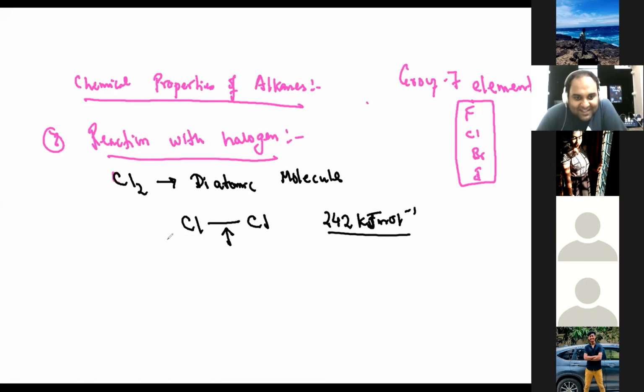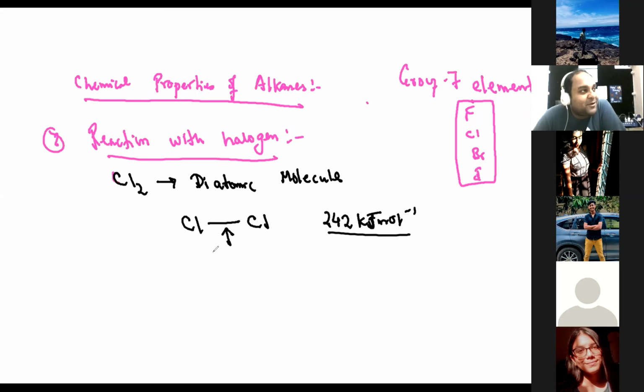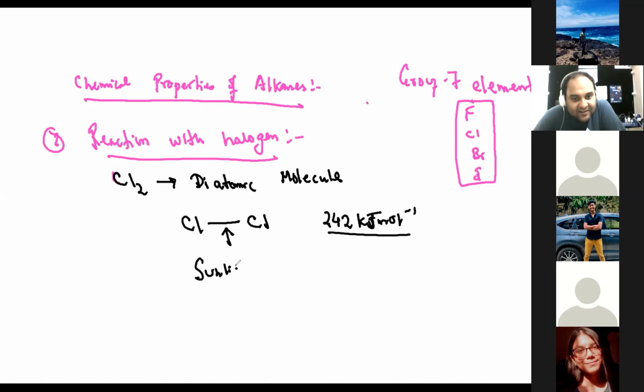Bunsen burner? না. এটা তো আমরা ল্যাবরেটরিতে করি না। এই হিটটা দেয় হলো সানলাইট or UV লাইট। সানলাইট লিখলেও ঠিক আছে, UV লাইট লিখলেও তোমাদের আনসার ইজ ওকে। সো UV লাইট ভেঙে ফেললো, এটাকে দুইটা আলাদা আলাদা ক্লোরিন অ্যাটম বানালো.